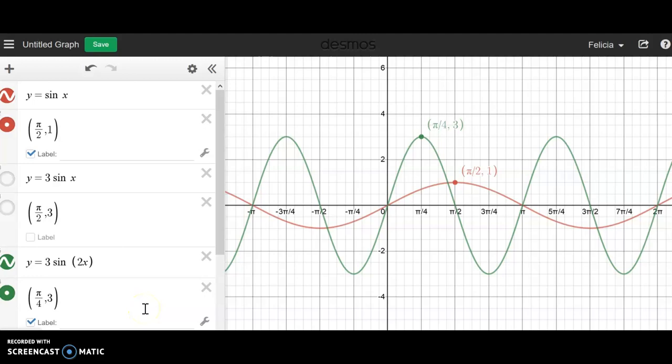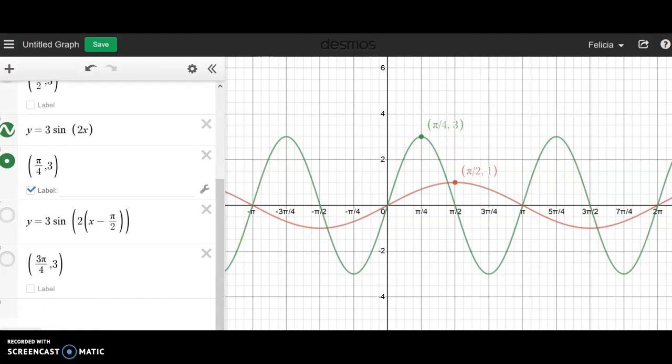Remember that when you were performing that horizontal compression, you were taking your x value and multiplying it by the reciprocal of omega, 1/2. So if I take pi over 2 and multiply it by 1/2, that gave me pi over 4.